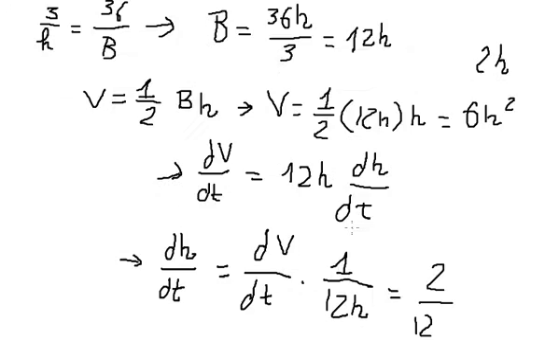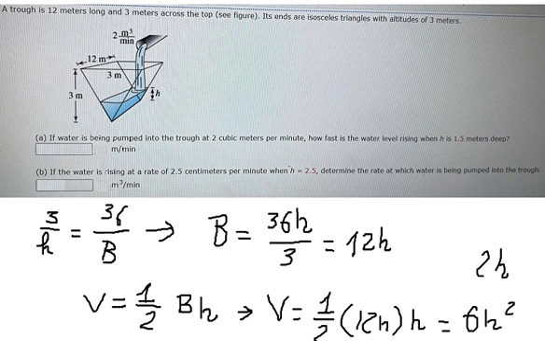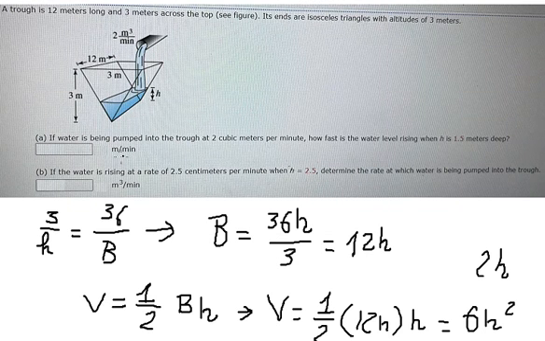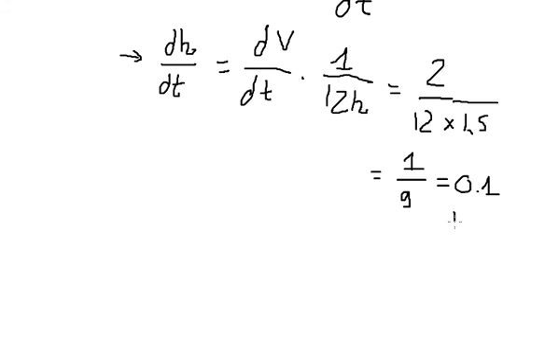About h, that is this number in here. So we simplify it, and we have 1 over 9, or maybe approximately 0.1, and the unit is meters per minute.